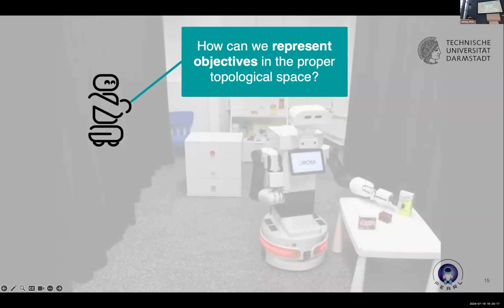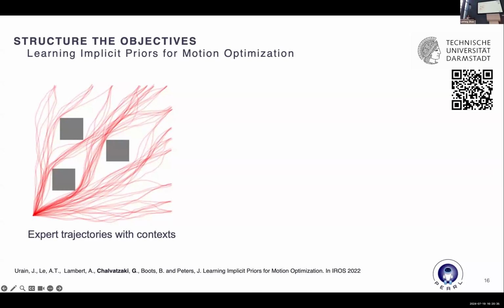Now, another important aspect, and I think it touches on things that we have heard before, is how we can represent different objectives when we want to do, for example, trajectory optimization in the proper topological space. There are different approaches when you do planning, or where you represent the obstacles, for example, or your target object that you want to interact with.